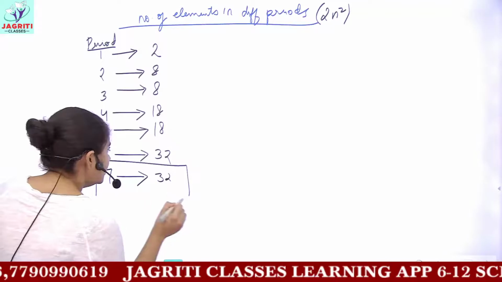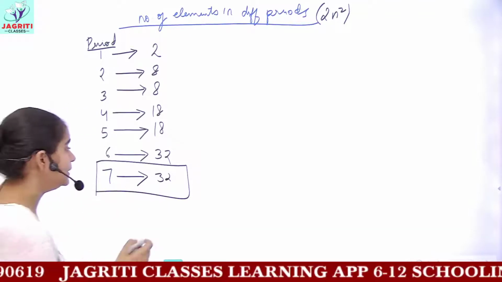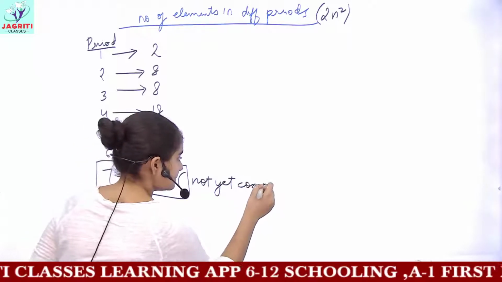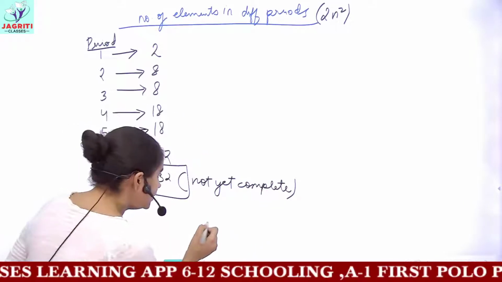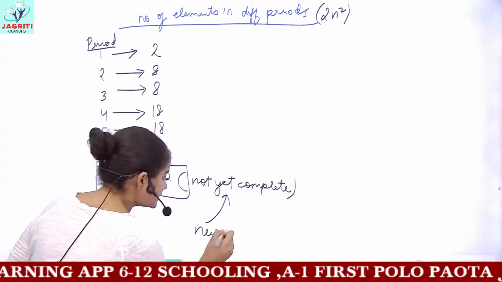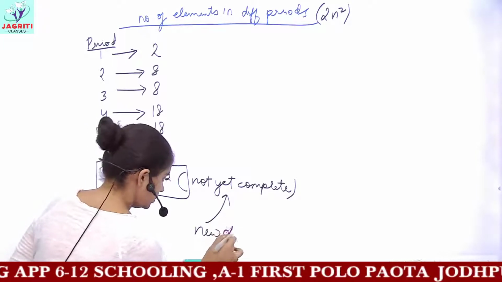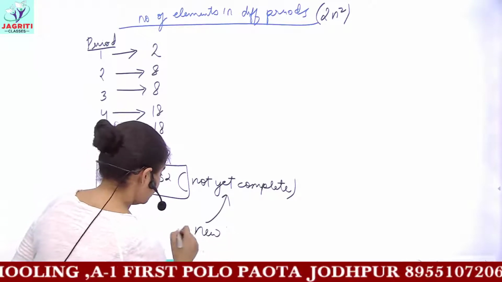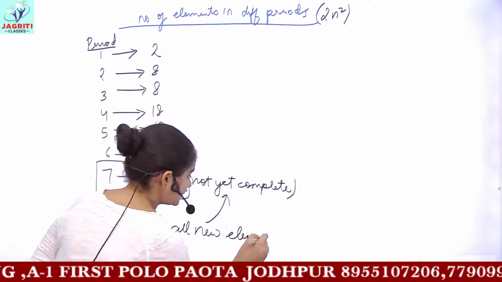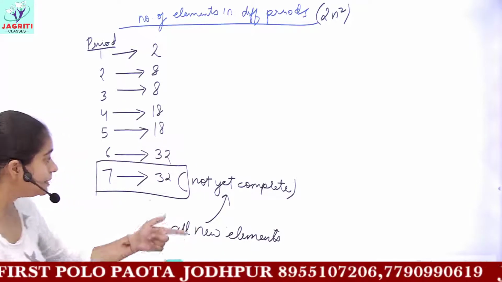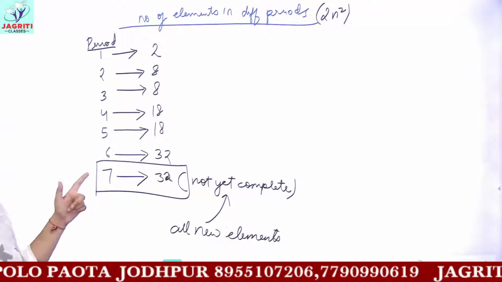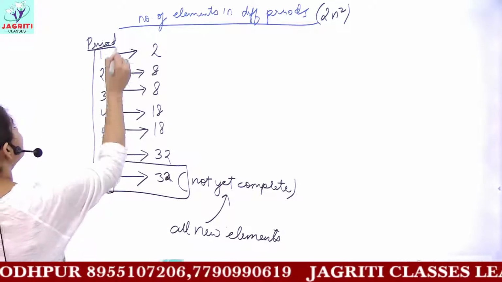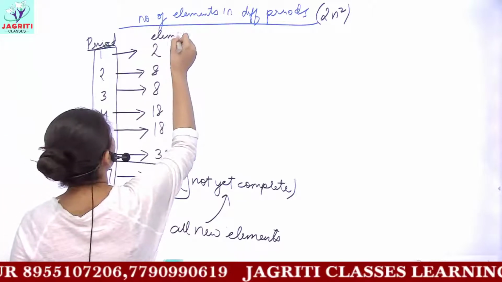But remember, this seventh period is not yet complete. All new elements which will be discovered will be placed in your seventh period. So these are your different periods, and this is the number of elements.